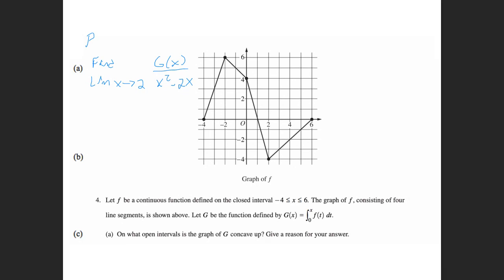All right. What is your first step when you have a problem like this? Okay. What would be your first step? We're trying to find a limit. And this week, we're going to review limits.